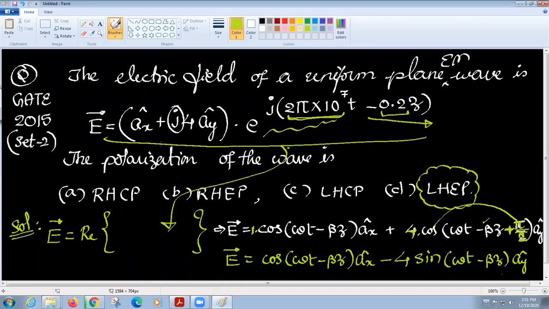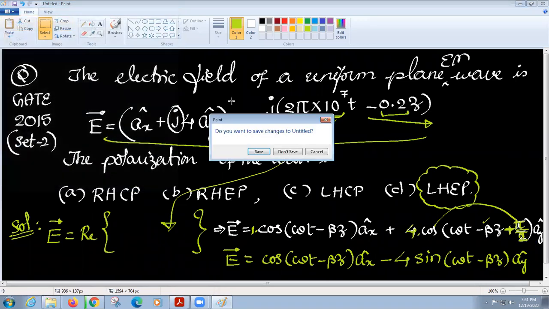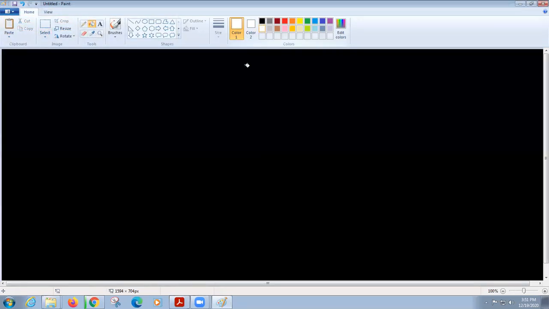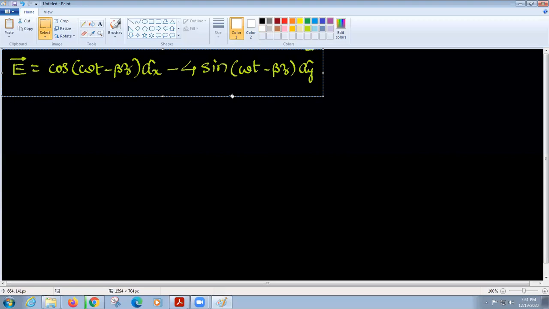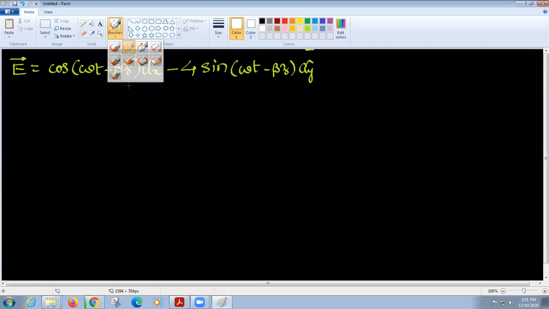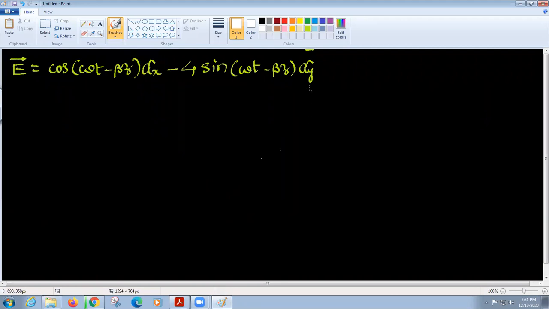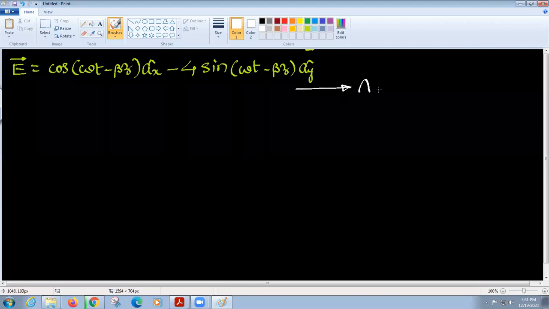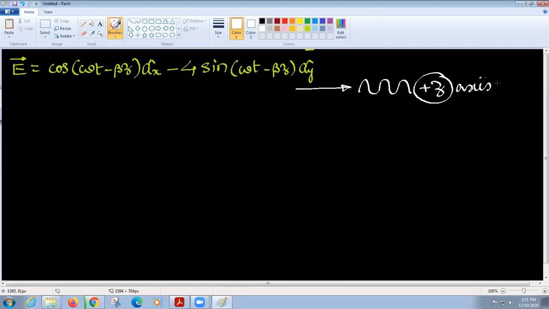So E is equal to this. Now the wave is traveling, propagating along the positive z axis.